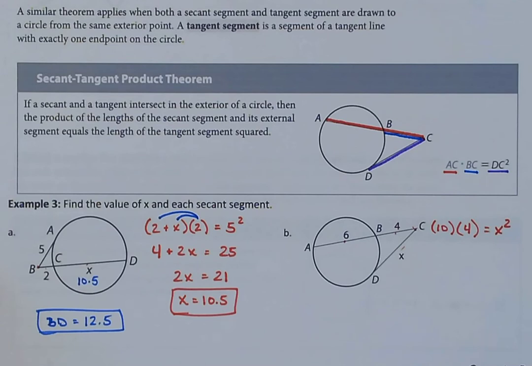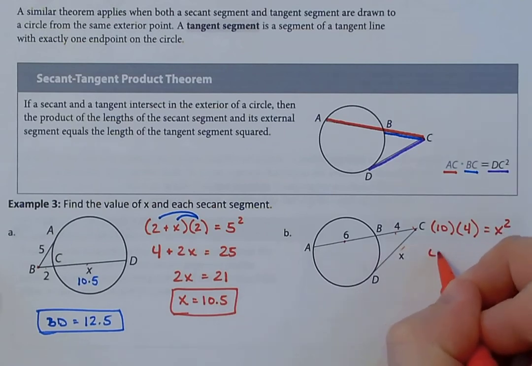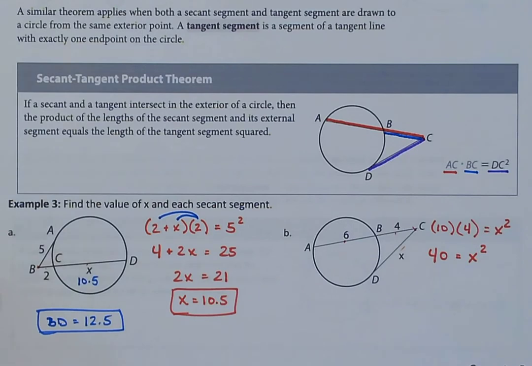So 10 times 4 is 40, that equals x squared. So we have 40 equals x squared.